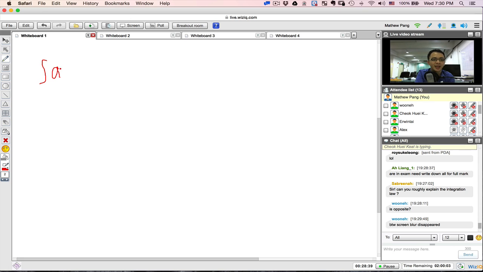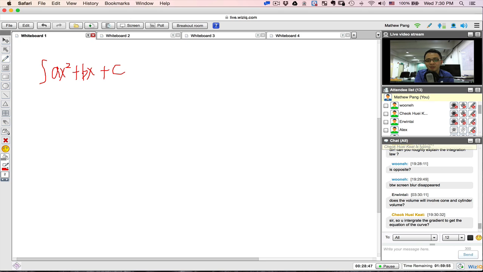Let's say we integrate ax squared plus bx plus c. The integration law tells us that if there is plus or minus in the middle, we can separate them. It becomes integrate ax squared plus integrate bx plus integrate c. This is what the integration law tells us. Right?